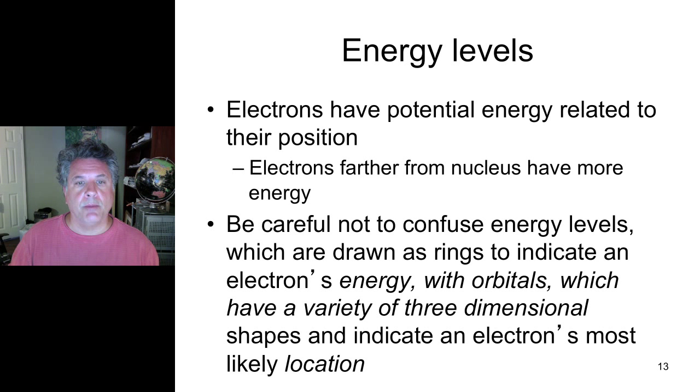So we've mentioned these energy levels. Let's discuss them a little bit more and point out that electrons that are found farther from the nucleus have more energy than electrons that are closer to the nucleus. And therefore, these energy levels increase in their overall energy as you move out from the nucleus. So the first energy level has electrons with lower energy than energy levels that are higher up.